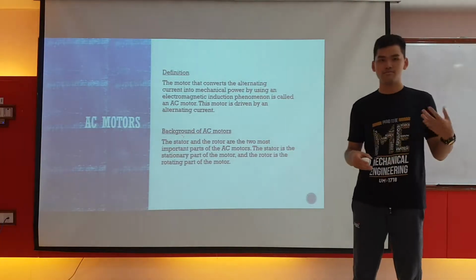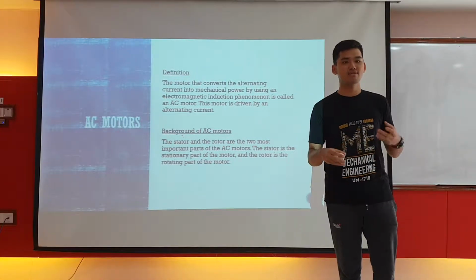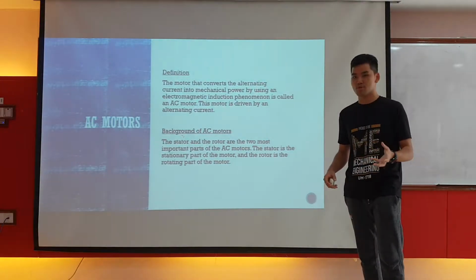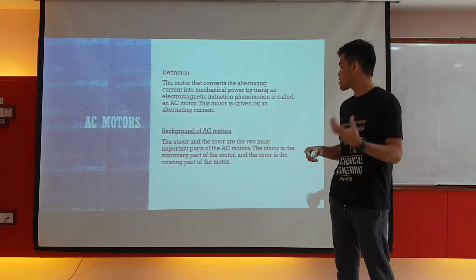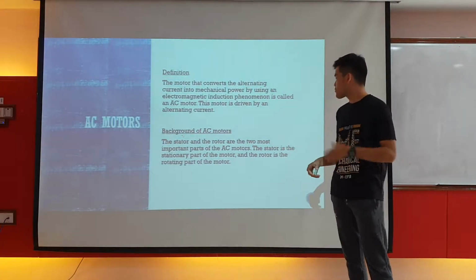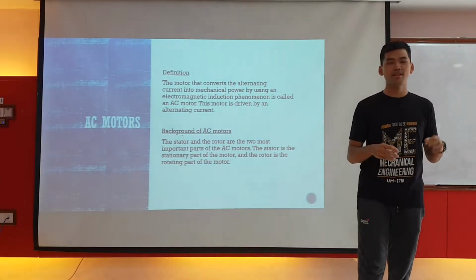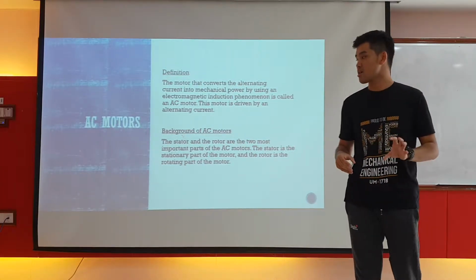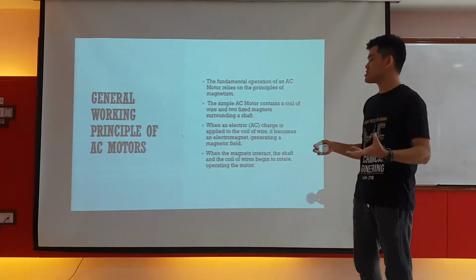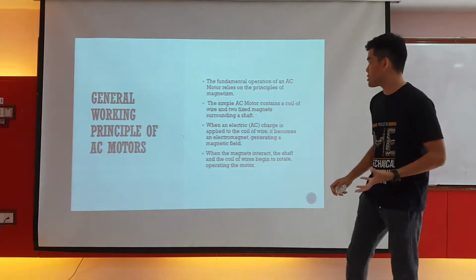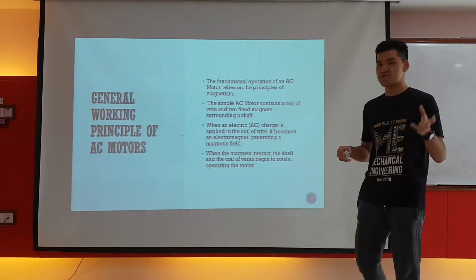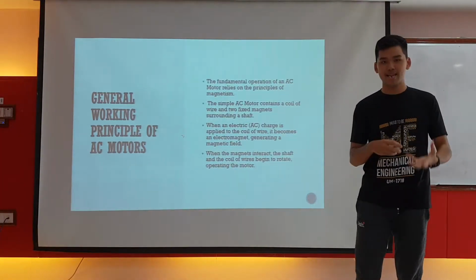This motor is driven by alternating current. The AC motor consists of a stator and a rotor, which are the two most important parts of the AC motor. The stator is a stationary part of the motor, whereas the rotor is a rotating part of the motor. For the AC motor's general working principle, we are looking at the fundamental operation, which relies heavily on the principles of magnetism.